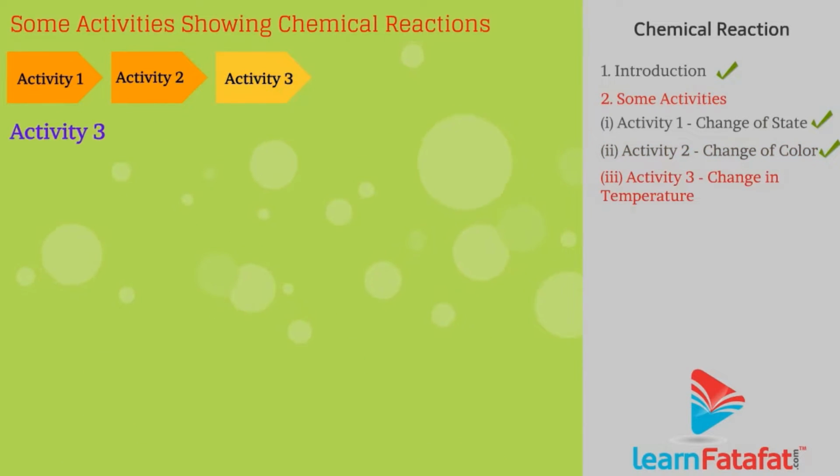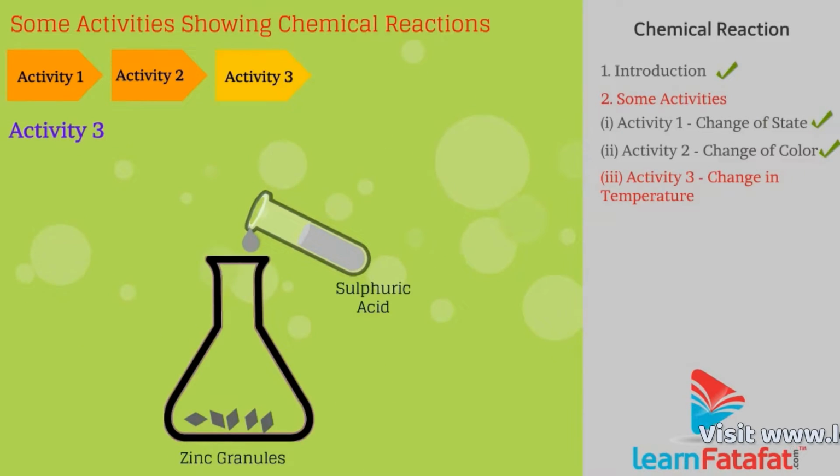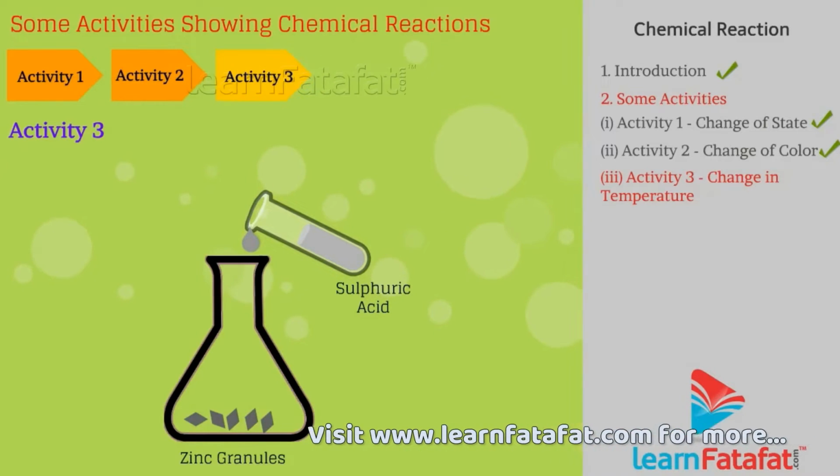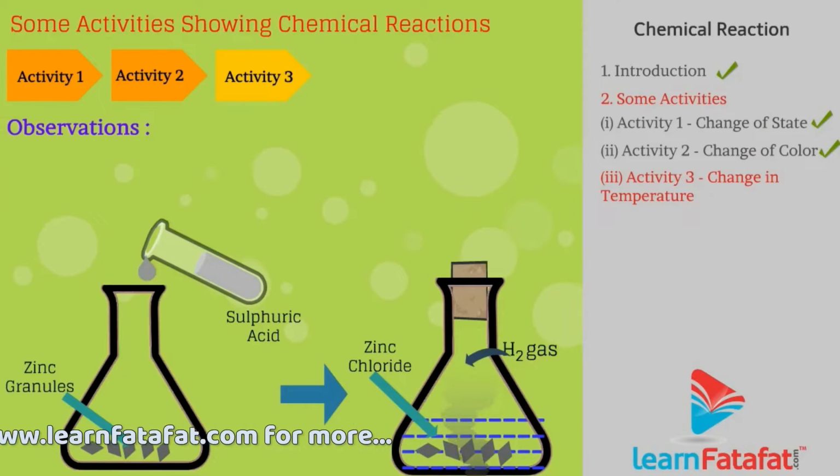Activity 3. Take some zinc granules in a conical flask or in a test tube and then add dilute hydrochloric acid or sulfuric acid to it. Zinc chloride and hydrogen gas are formed.